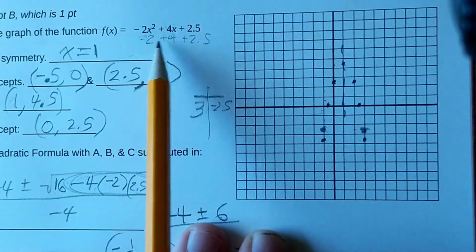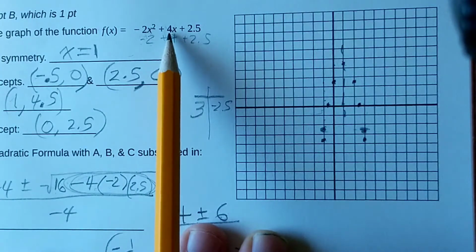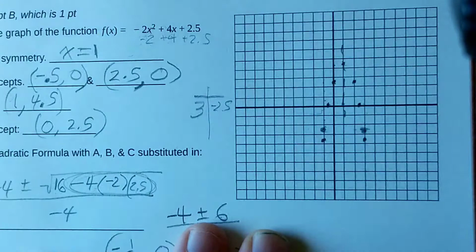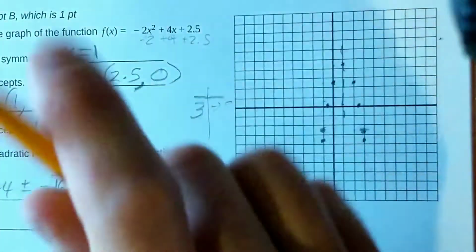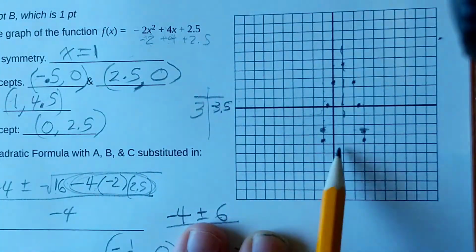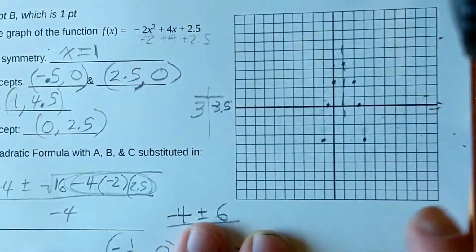We're probably right here. Negative 18 plus 12 is not 5. Negative 18 plus 12 is negative 6. And negative 6 plus 2.5 is negative 3.5, which fixed those dots. Good thing we checked it 2 different ways.